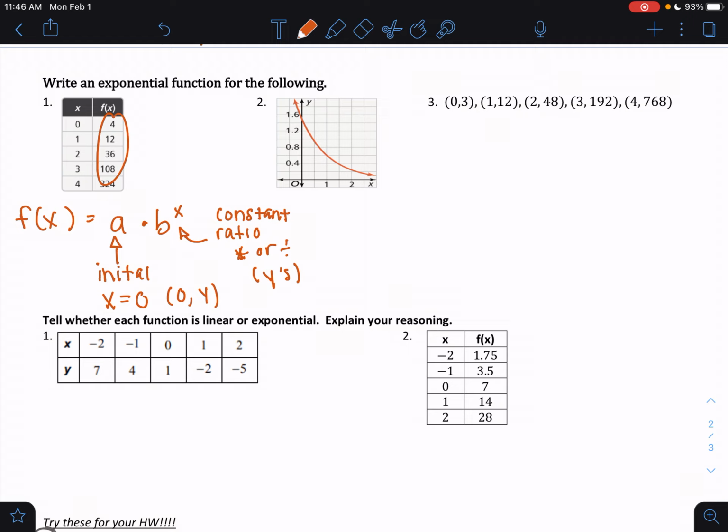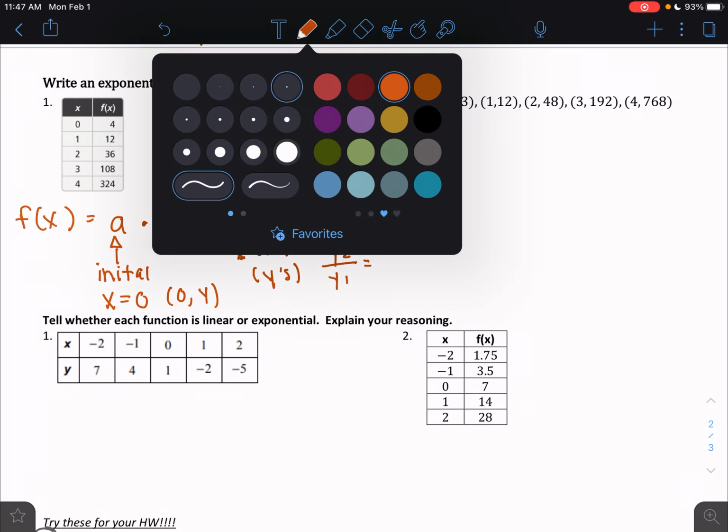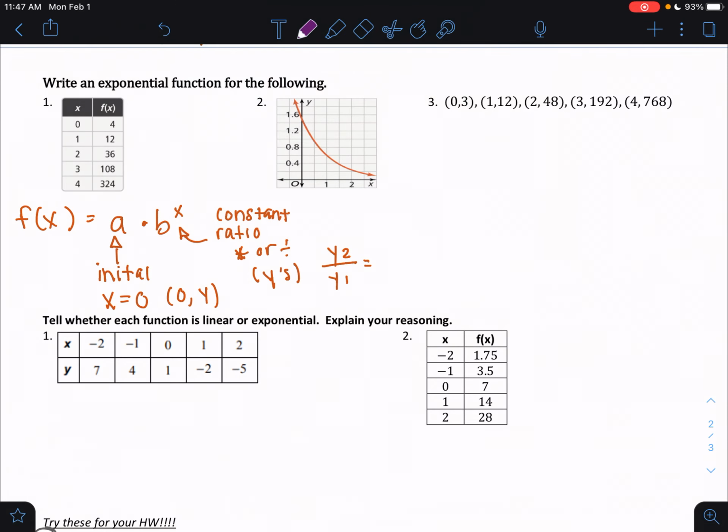And one way you can figure this out is to take y2 and divide it by y1. So take a larger y, divide it by a smaller one, and that can give you your constant, and we'll see an example of that here in a second. So that's what's important to know when we are defining these, writing out these equations.